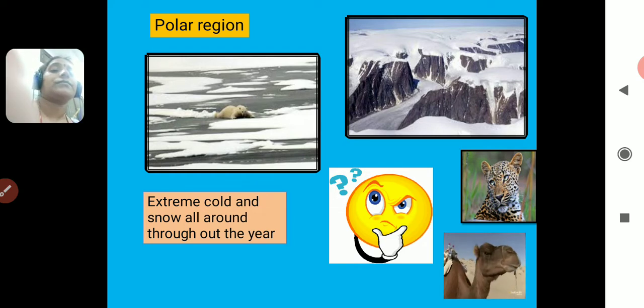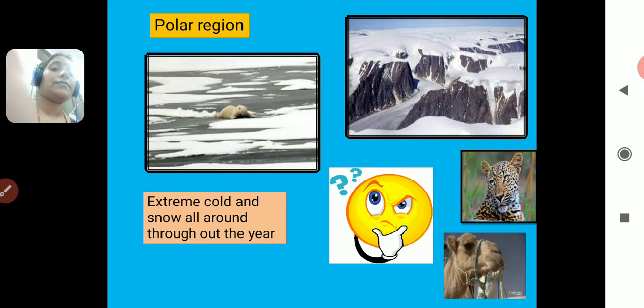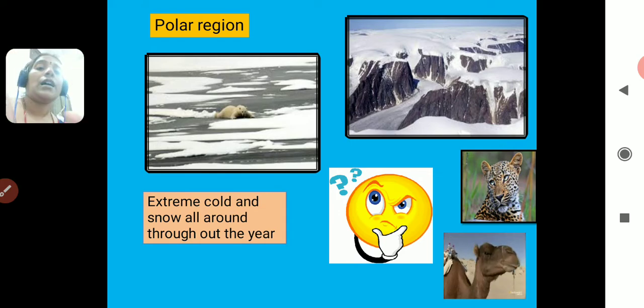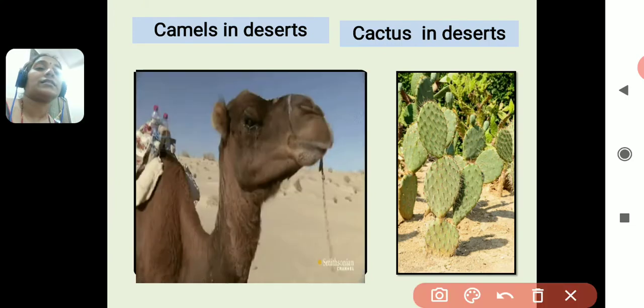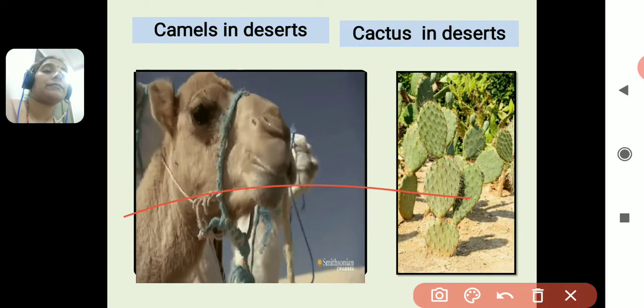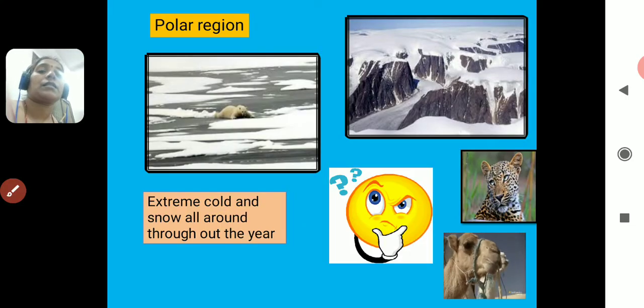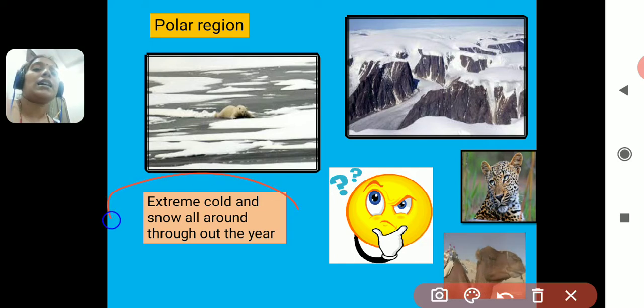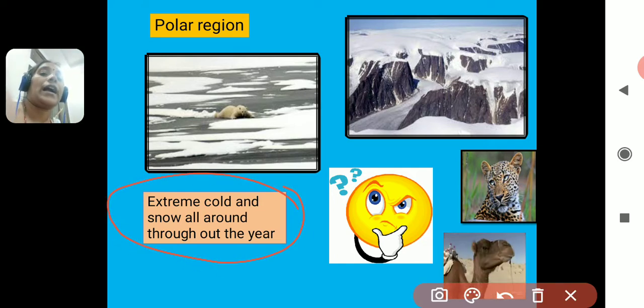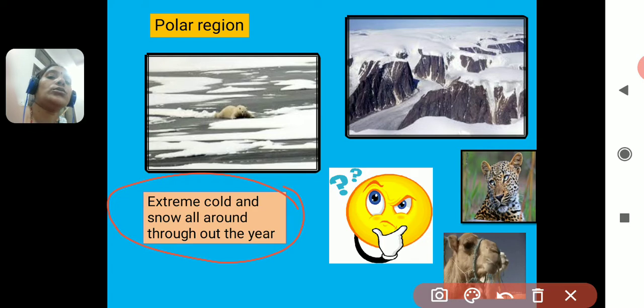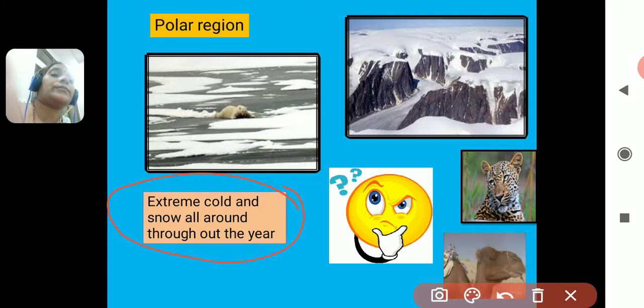Isn't it? They can't survive. Why? Due to the climate of the polar region. How is the climate of the polar region, students? There is extreme cold and snow all around throughout the year.